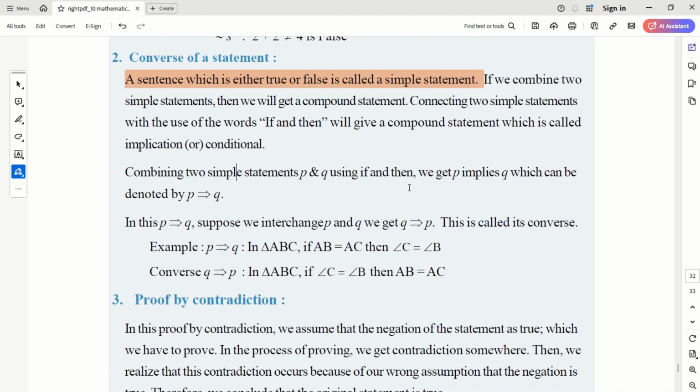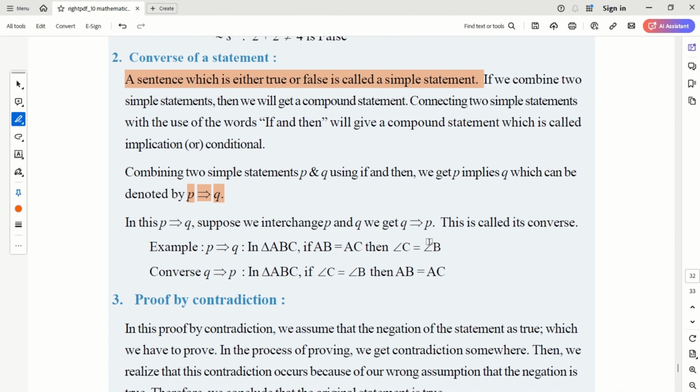How do you write the conditional? We call it P implies Q, and we write it like this. P implies Q. This is the way we write it. Now, P implies Q: in triangle ABC, if AB equals AC, that means two sides are equal, then angle C equals angle B. Opposite angles are the same.